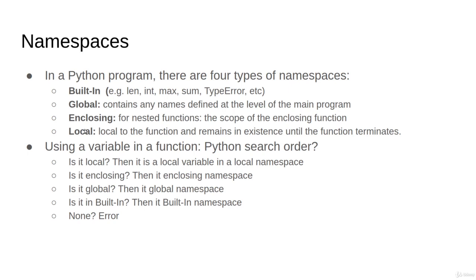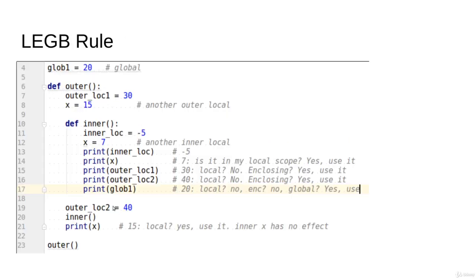When Python sees a variable, it searches for it. If it is local, it will use it. If it isn't in the local namespace, it will search the enclosing one. If it is in the enclosing, meaning in an outer function, it's going to use it. Otherwise, it searches the global, and otherwise the built-in one. We call this the LEGB rule: local, enclosing, global, and built-in.